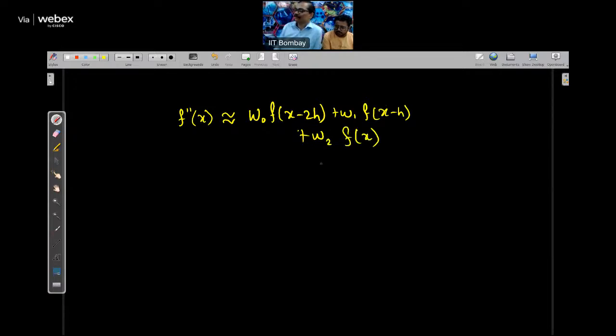Say, for instance, this is how you want it. What you have to do is take f of x equal to 1.